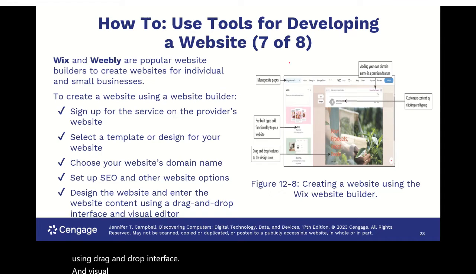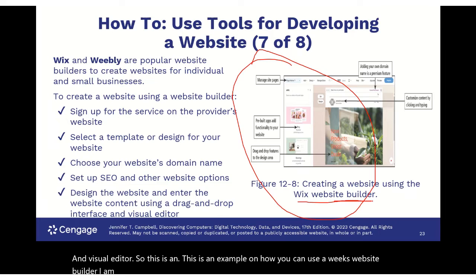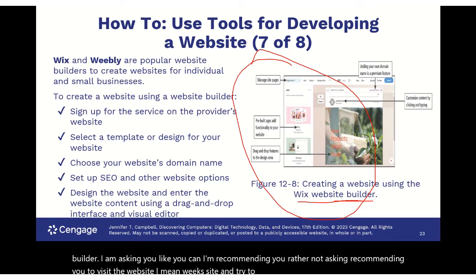So this is an example of how you can use the Wix website builder. I'm recommending, rather than asking, that you visit the Wix site and try to create a website of your own by using these dragging and dropping features.